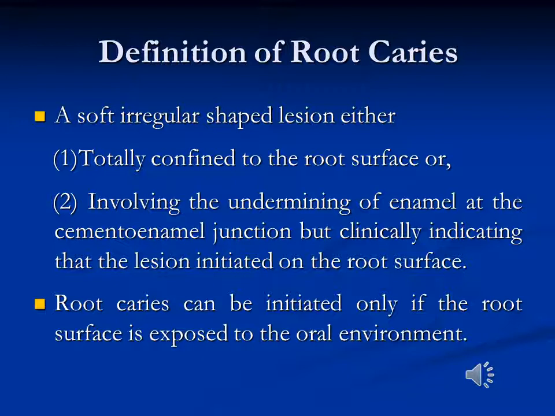How can we know clinically that the caries is initiated on the root surface? It can be explained by the next point, that root caries can be initiated only if the root surface is exposed to the oral environment, which means that the root surface should be exposed in order for the caries to develop.